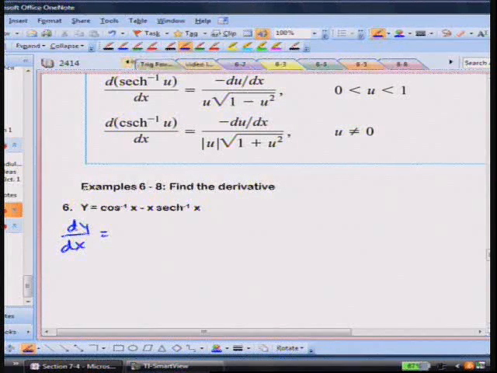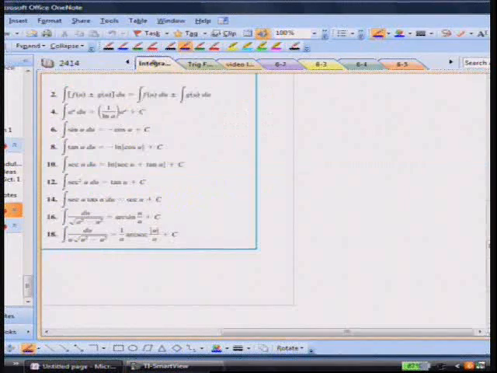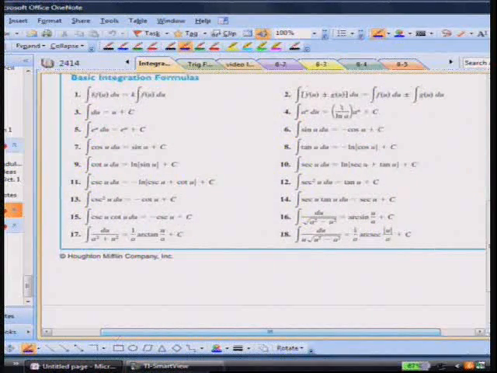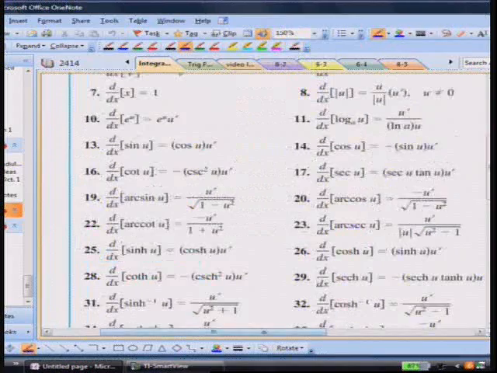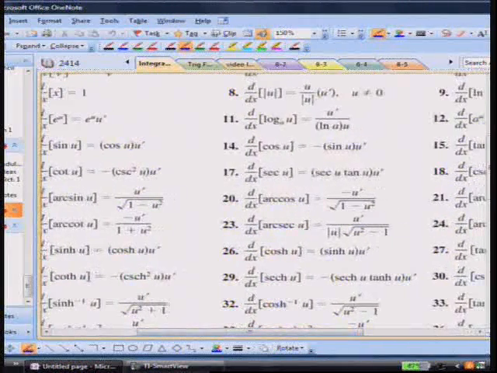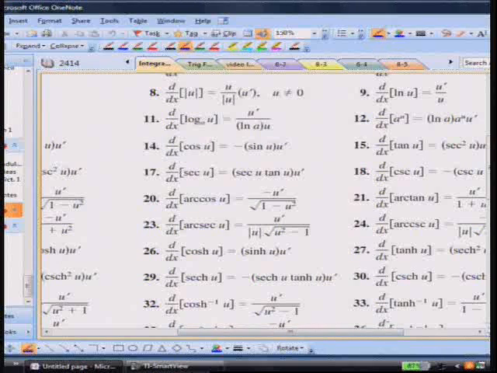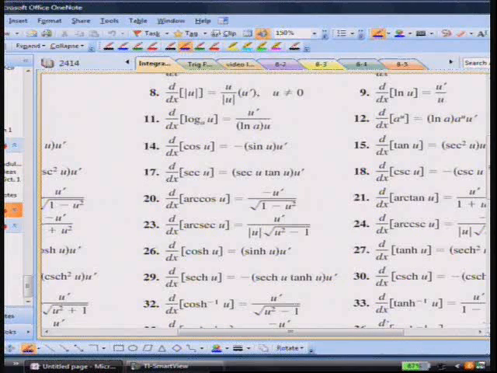That's when you can go back to your sheet and look for the regular derivative. On this one, remember that arc cosine is the same as cosine to the negative 1. The derivative of the arc cosine is negative u prime over the square root of 1 minus u squared.